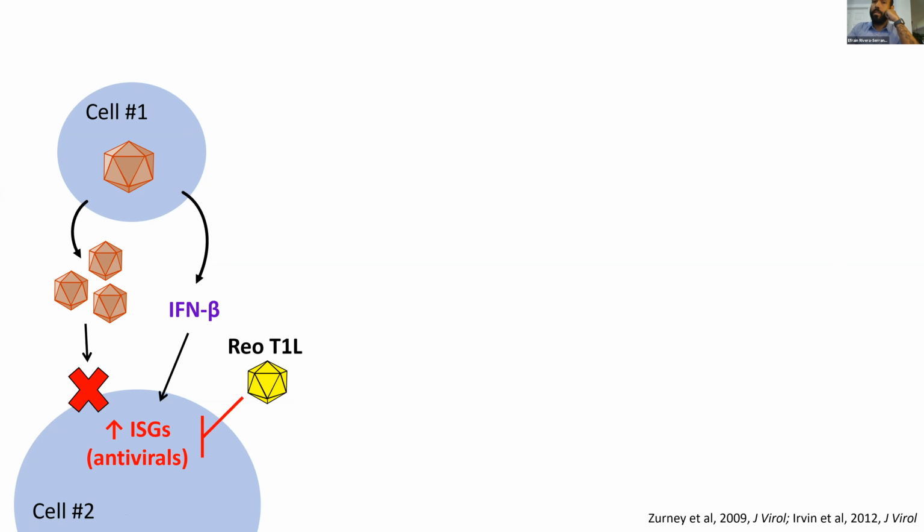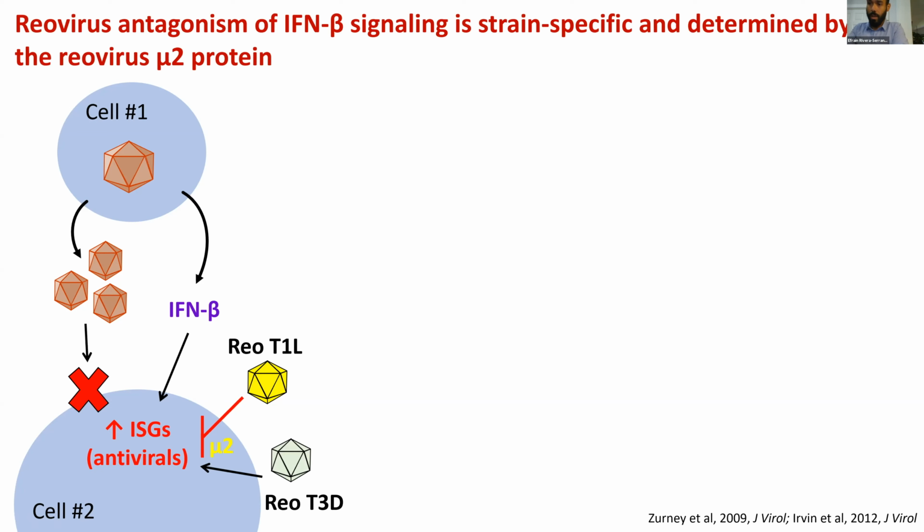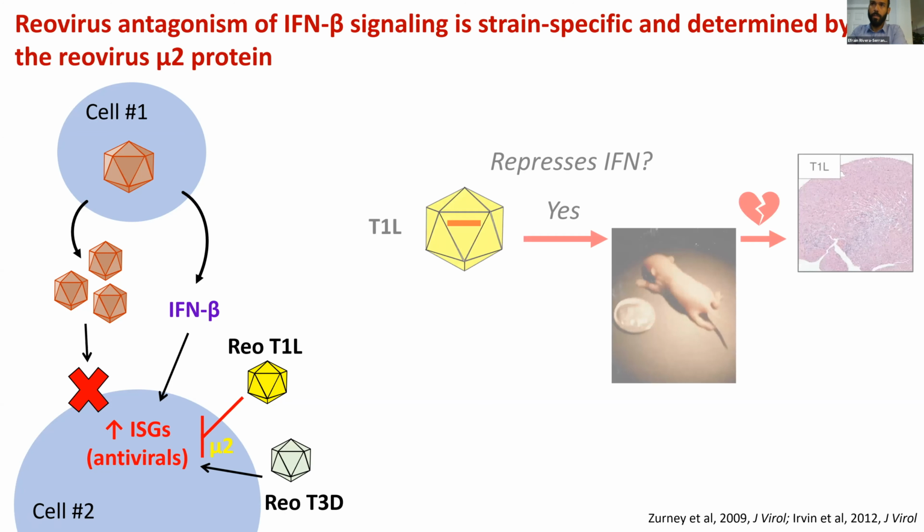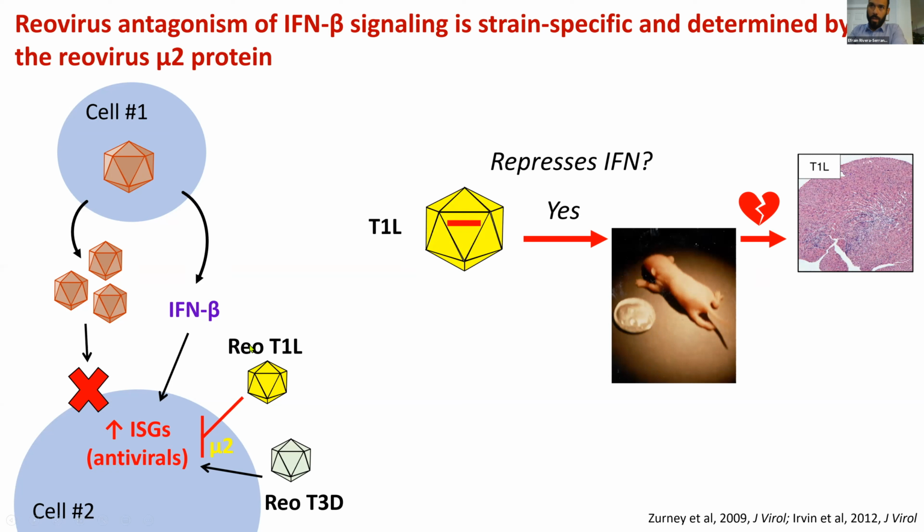And reovirus is not an exception. We have one strain that I'm going to label here in yellow that is able to block this, and you have another strain that is not able to block it. And that correlates with their ability to cause disease in the heart. The yellow virus is able to repress the system, so even if the cell is producing interferon, the virus produces a protein that blocks that.